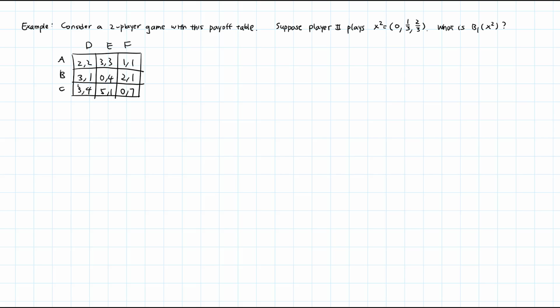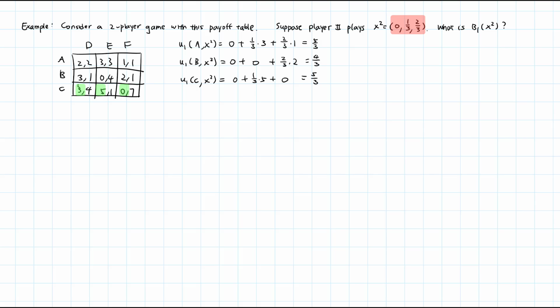We first calculate the expected utility for each pure strategy for player 1. When player 1 plays A, the expected utility is 5/3. When player 1 plays B, it is 4/3. And when player 1 plays C, it is 5/3.